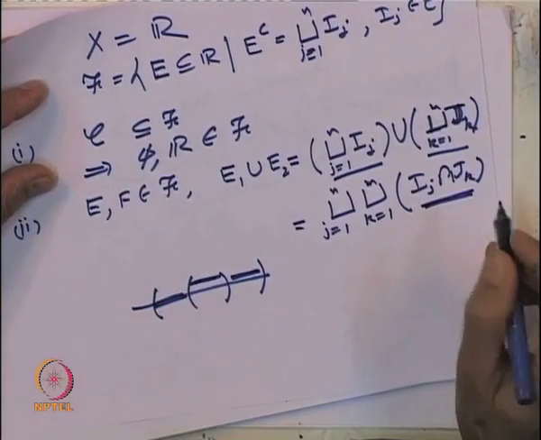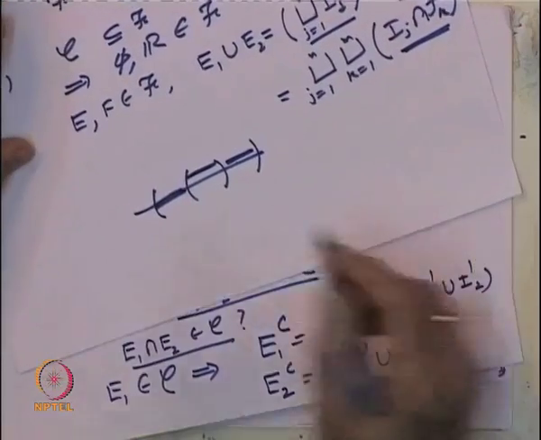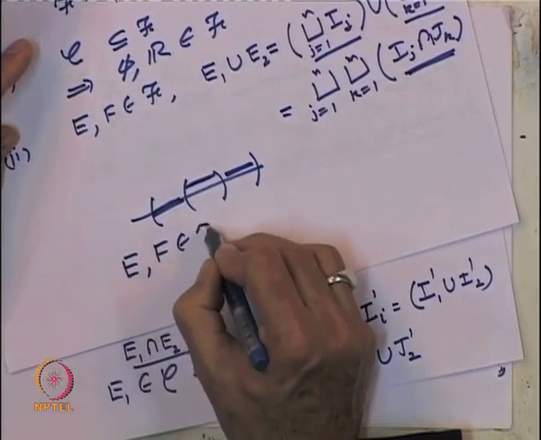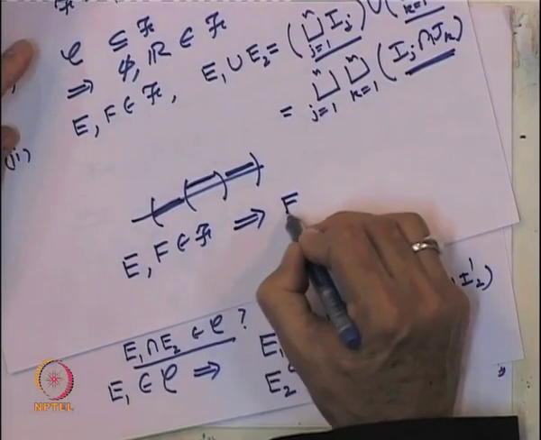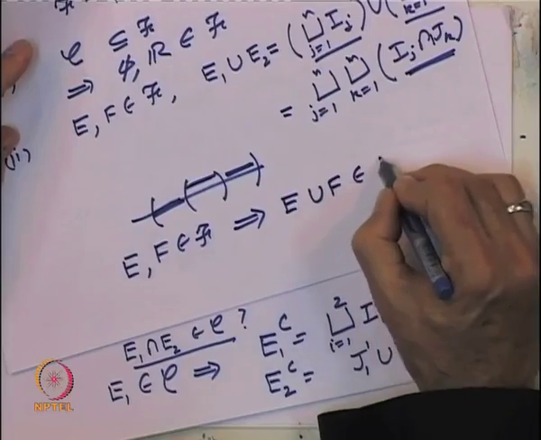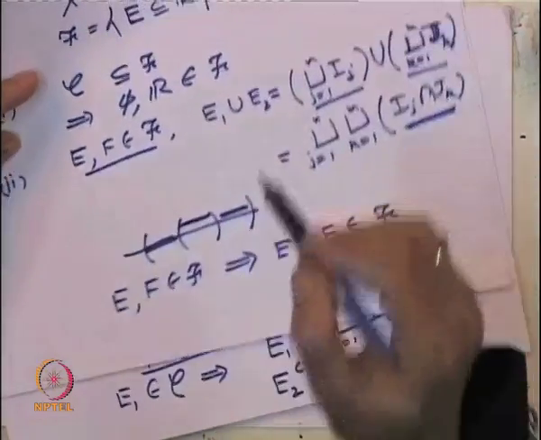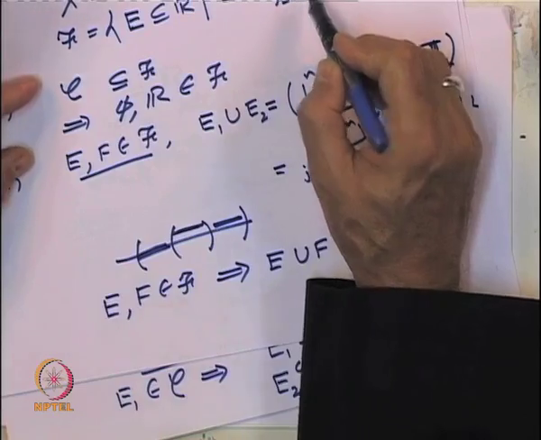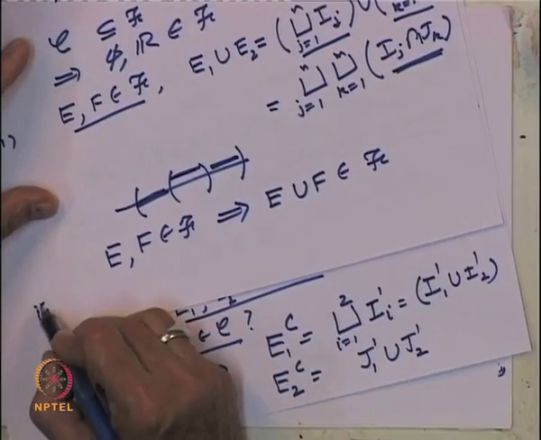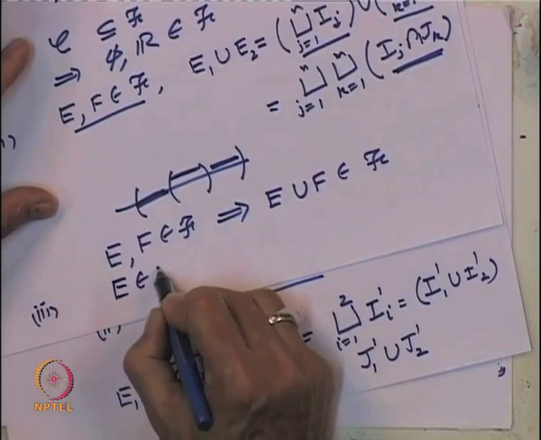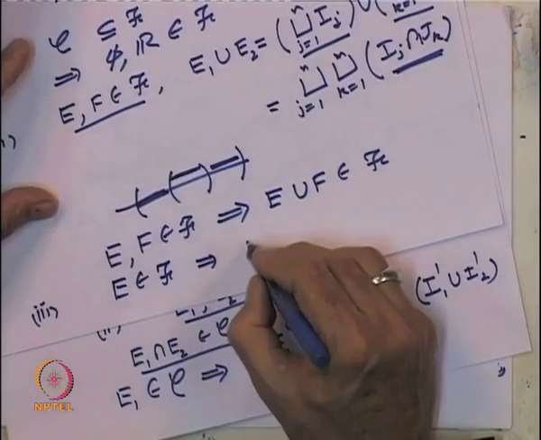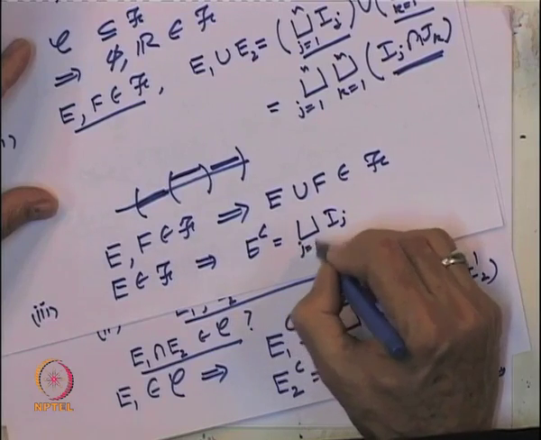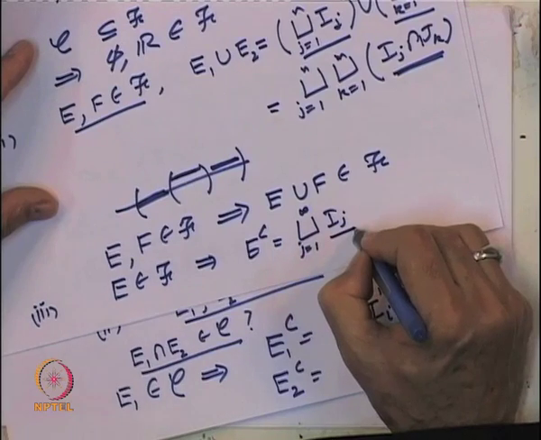Now, these pairs of intervals will be disjoint. So, that implies that if E and F belong to F, then E union F also belongs to F. So, this collection of finite disjoint unions of intervals is closed under unions, and let us write finally that if E belongs to F, then by definition E complement is a disjoint union of intervals, and each I j is an interval.